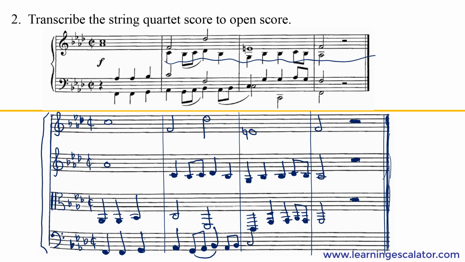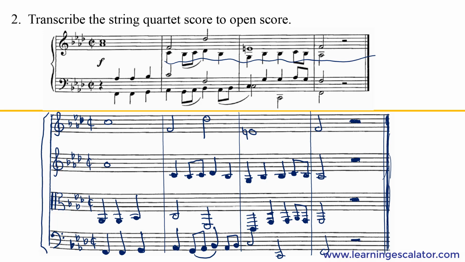This. Whoops, make sure you don't look at the top part, you look at the bottom part. And then F with the rest.